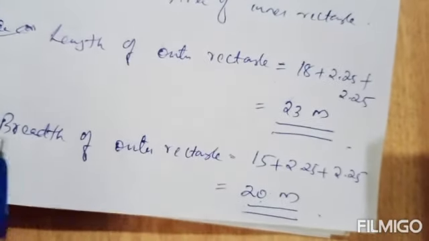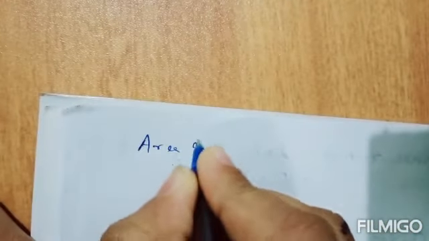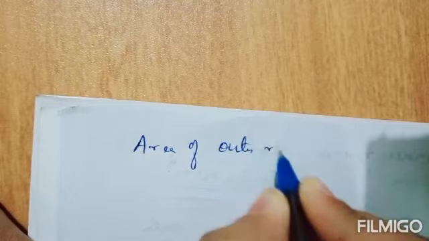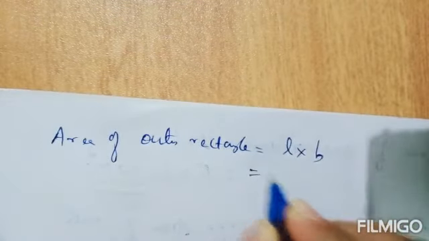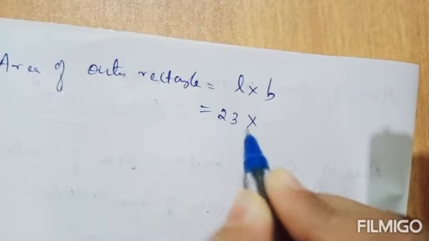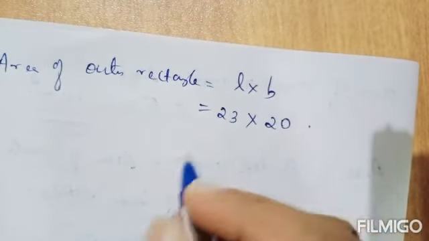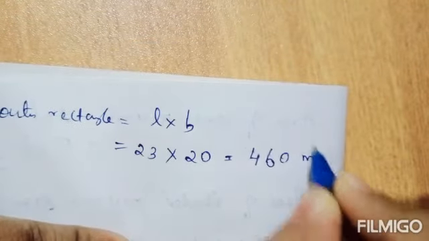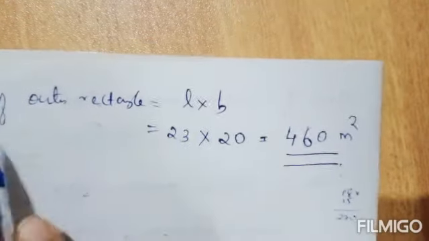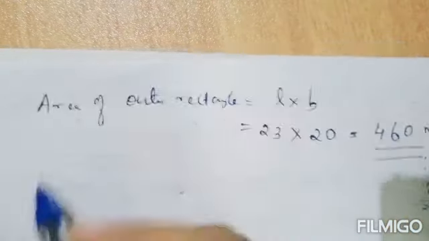So length and breadth you got. Now you can find the area of the outer rectangle. The formula is length into breadth. Length you got 23 meter and breadth 20 meter. So 23 into 20, you will get 460 meter square. This is the area of the outer rectangle.